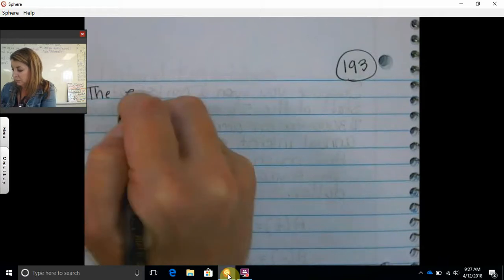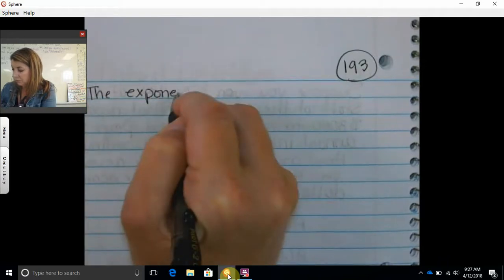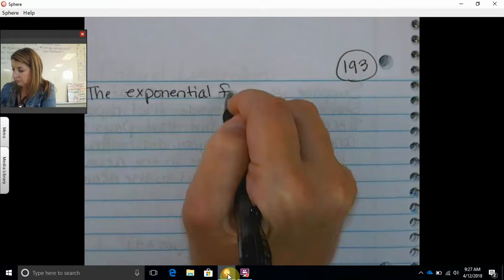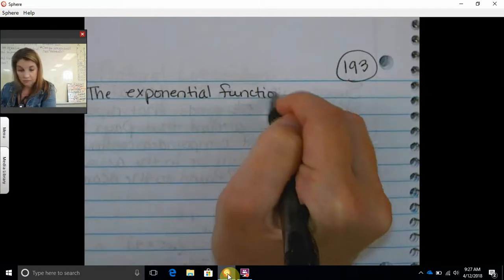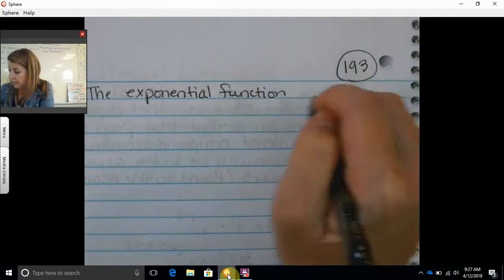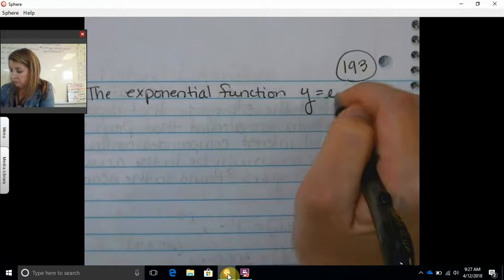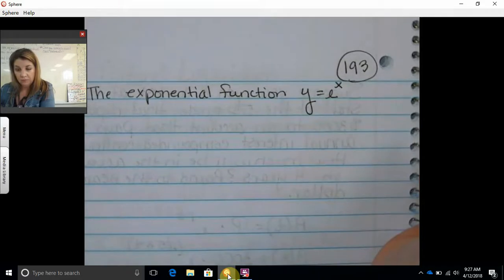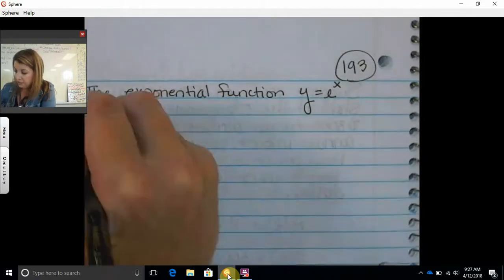The exponential function y equals e to the x has an inverse.